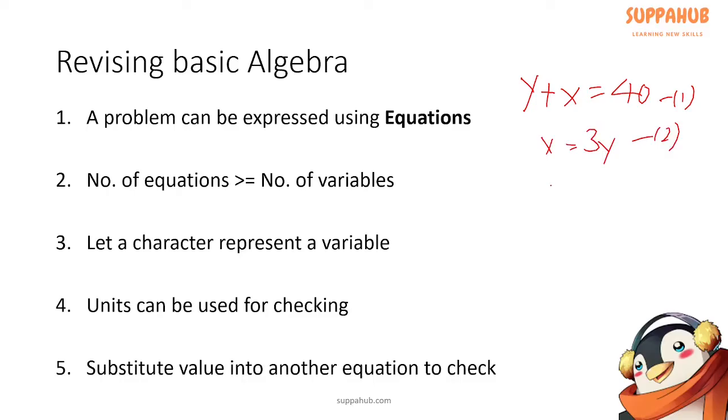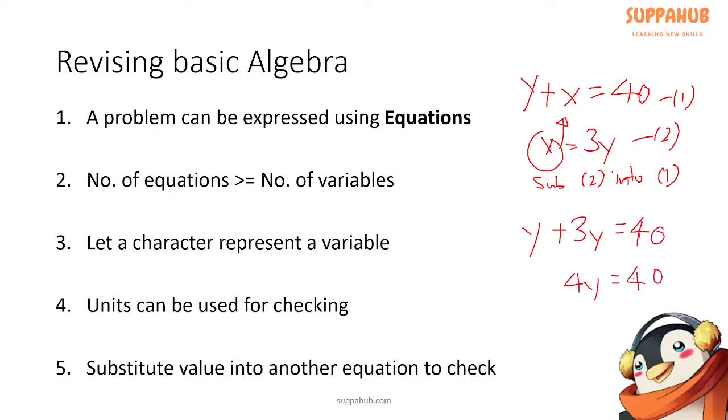And then you substitute 2 into 1, because you know x. So you substitute x inside here. So you will have y plus 3y equals 40, and then you will have 4y equals 40, and y equals 10.